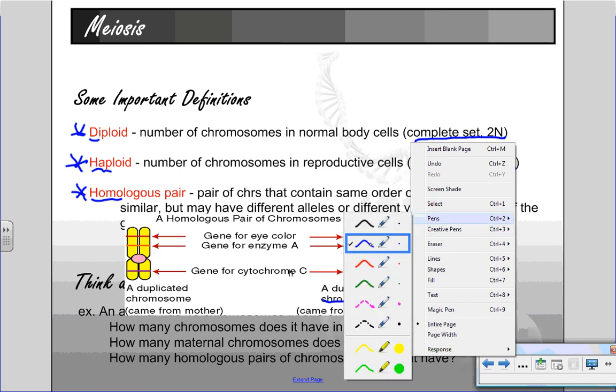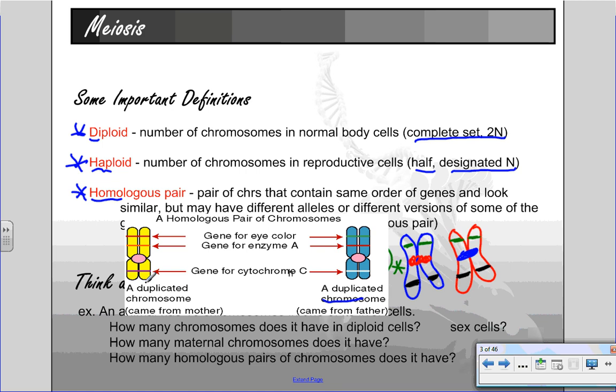And basically this would be the mother or maternal chromosome right here, and this would be the paternal chromosome. But on each of those, you can see that they have the same placement of the centromere. Okay, so the centromere holds them in the same spot. They're the same length.